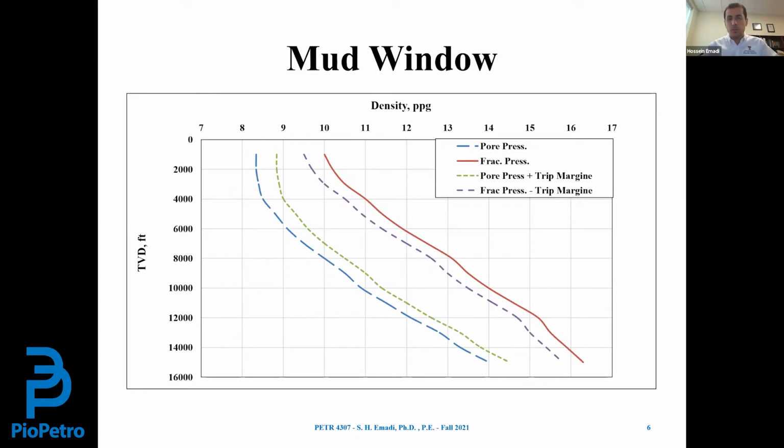Obviously, the trip margin we add to the pore pressure is because of swabbing, and the trip margin we subtract from the fracture pressure is due to surge. And obviously we need to be between these two, the dashed light green line and the dashed purple line.